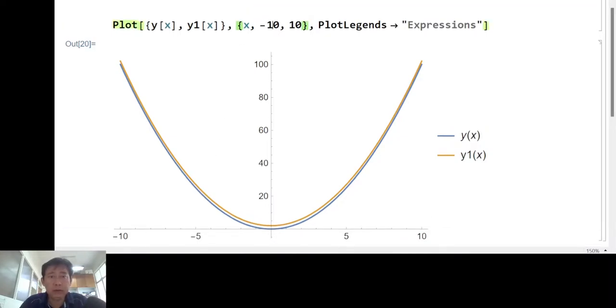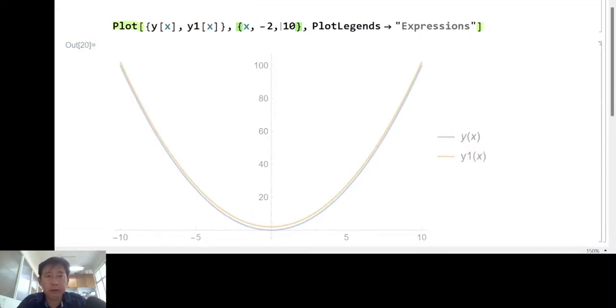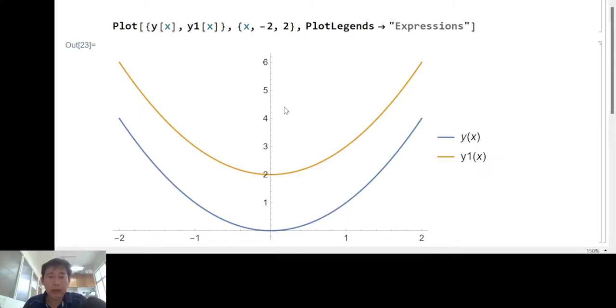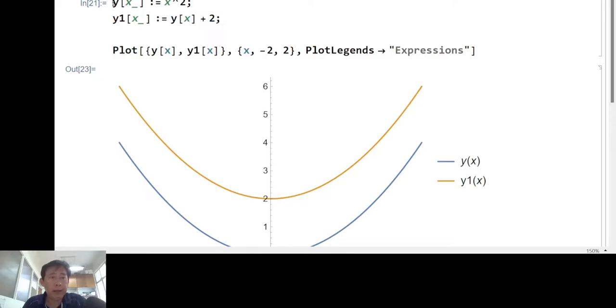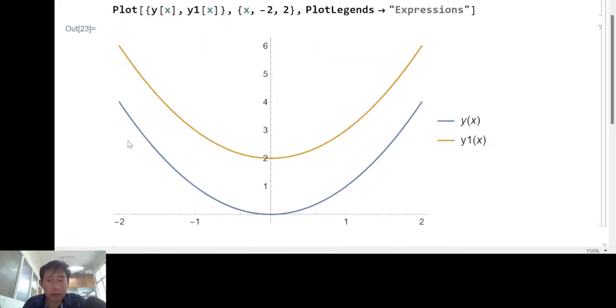Maybe I should just display the windows for the two functions for x from -2 to 2, right? So this is the function of x squared. This is the original function. Every point here is shifted 2 units above. So here, if you have a function evaluated here, y is 1.